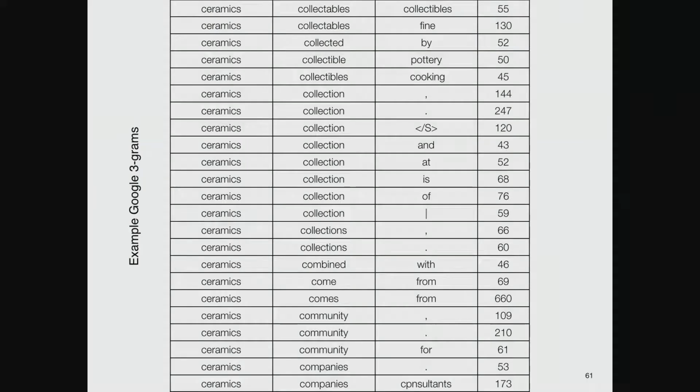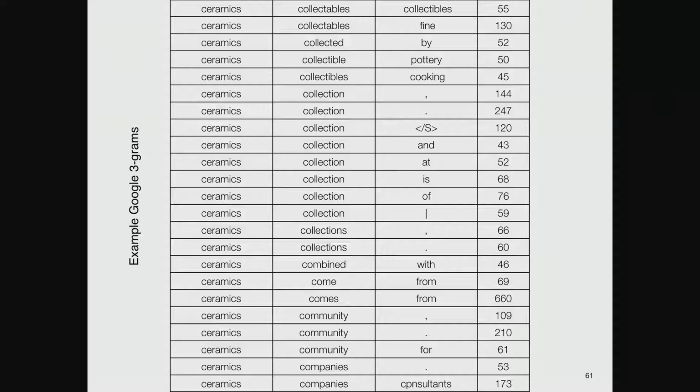And here's a very tiny part of their database. So ceramics collectibles, I don't know, occurred 55 times in a terabyte of text. Ceramics collectibles fine, ceramics collectibles buy, pottery, cooking, comma, period, end of sentence, and at is, etc., different number of times.